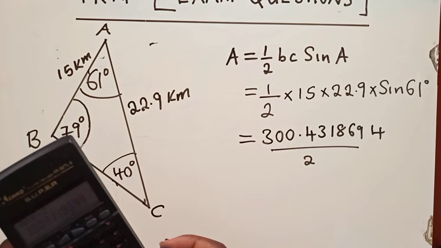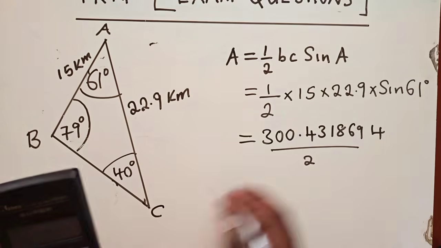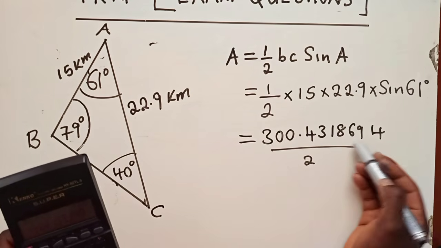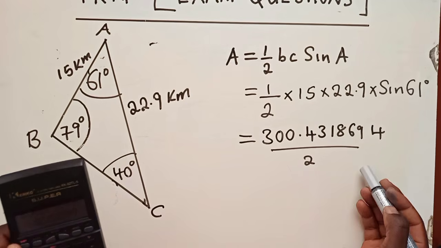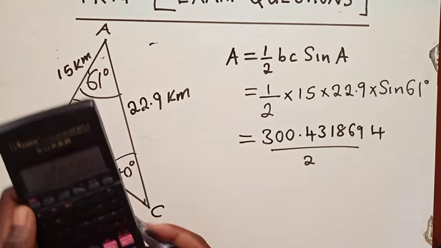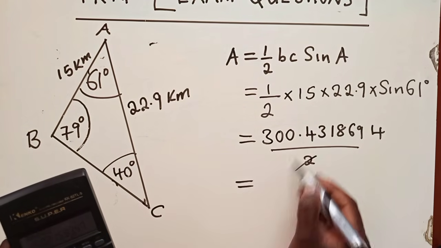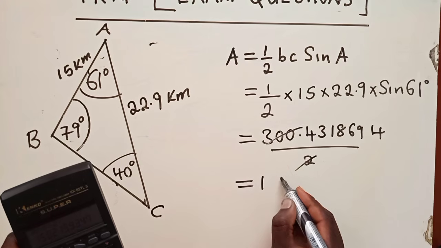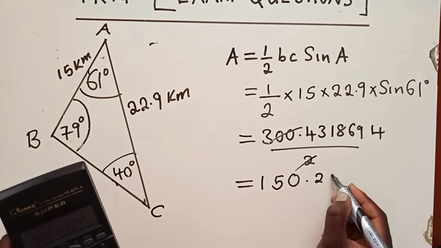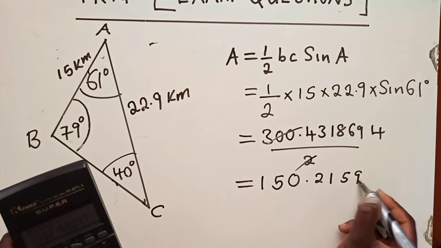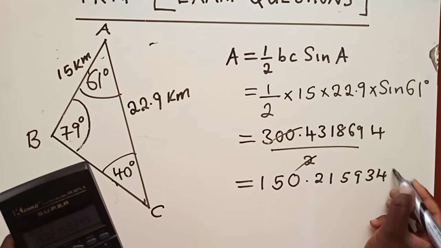Then say divide by 2. It's very important you don't round off here. Don't round off, okay? Just write it the way it is. You only round off the final answer. So when I say divide by 2, what am I getting? I'm getting 150.2159347.